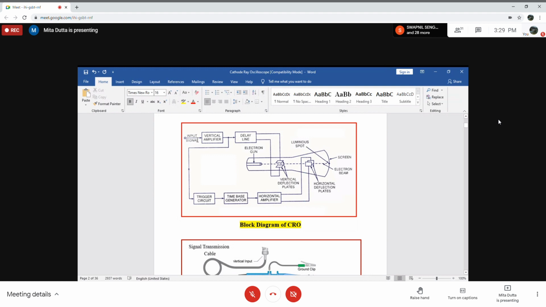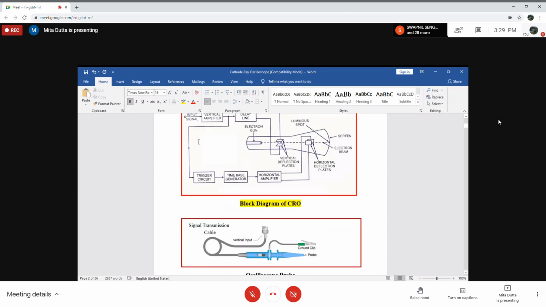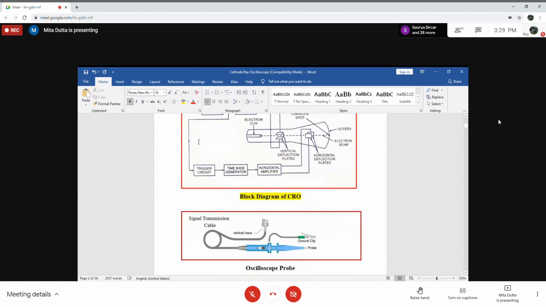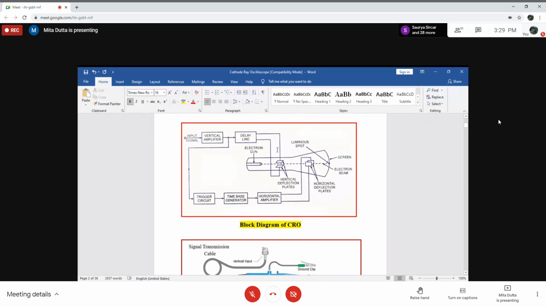If it is low, we have to amplify the signal to activate the oscilloscope deflection system, which consists of the vertical deflection plates and horizontal deflecting plates. These two deflecting plates are kept inside the cathode ray tube.